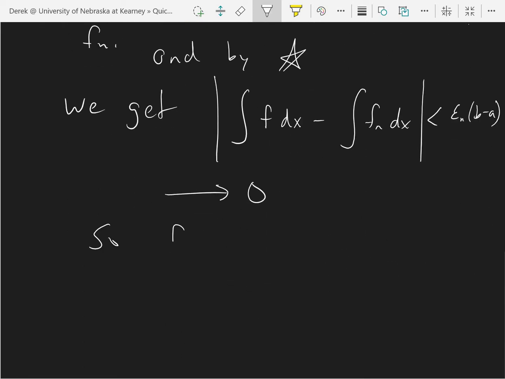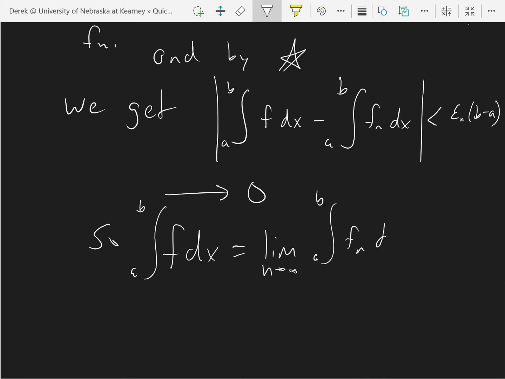So the integral from a to b of f dx equals the limit as n goes to infinity of the integral from a to b of f sub n dx. Okay.